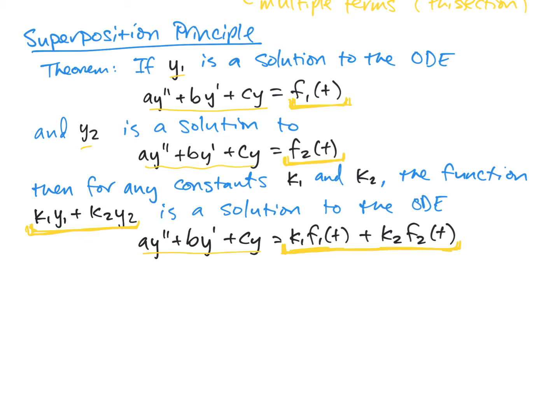And the proof of this is super straightforward. Let's do it. So we need to show that this is a solution to this equation here. So we'll just plug it in, right?